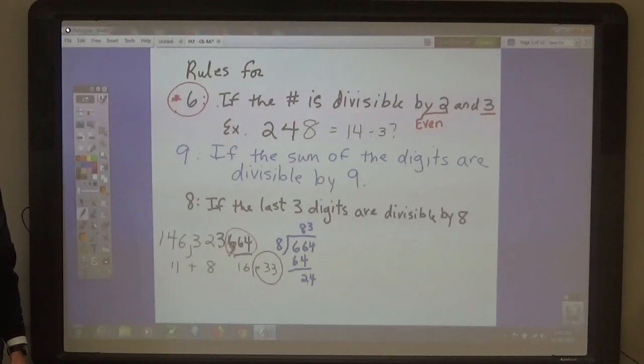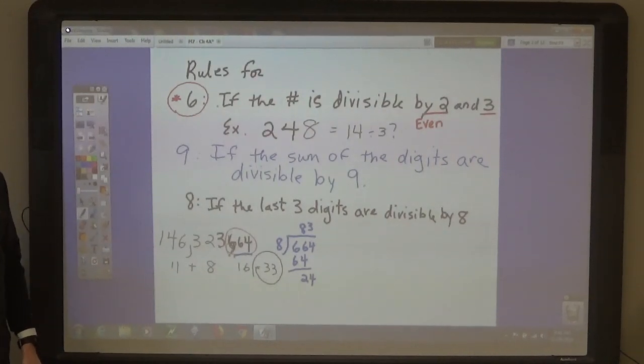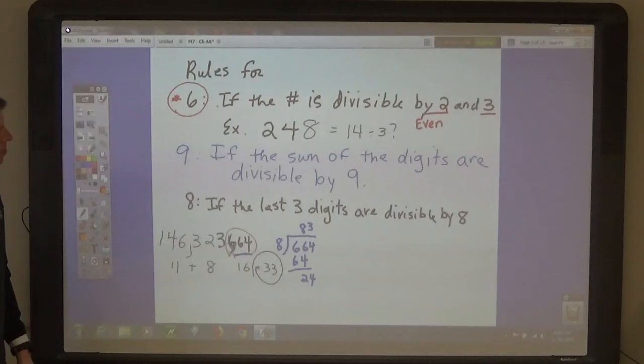Right. How about the rule for 6? If the number is divisible by 2. Yeah, if it's divisible by both 2 and 3, then the number is divisible by 6. So how do you tell?